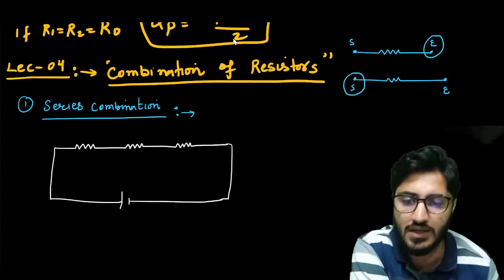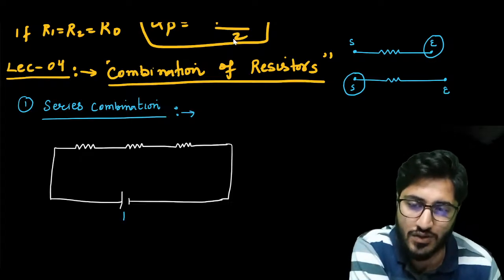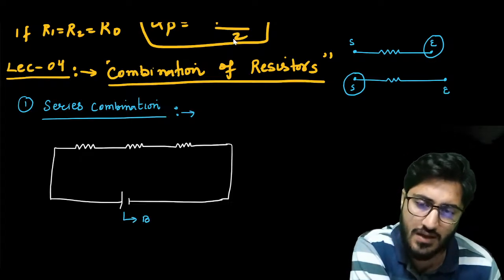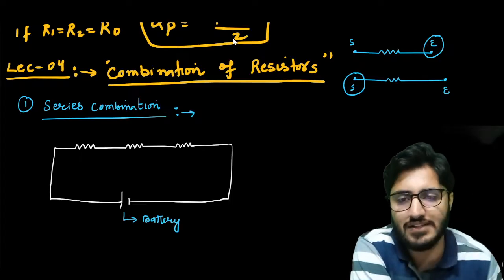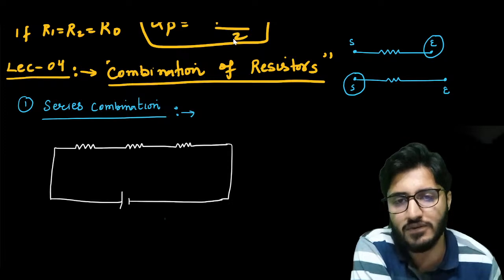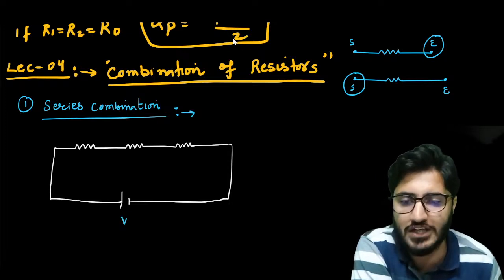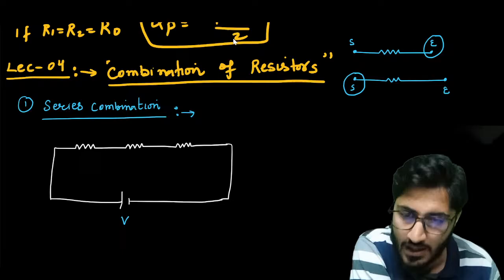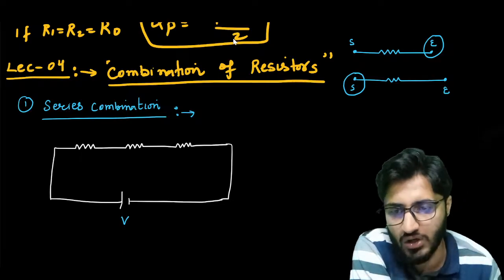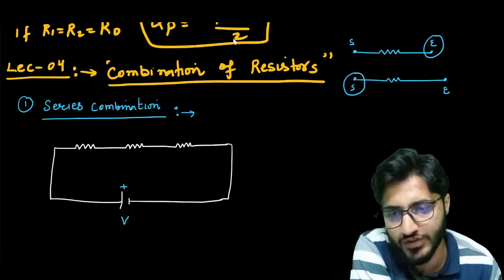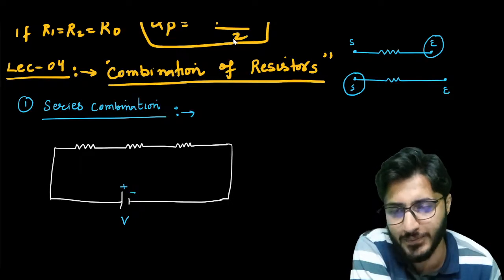Now look here, this particular thing is known as a battery, or a cell. So you don't get confused, I will write that it is a V voltage battery. The longer line is positive and the shorter line is negative.